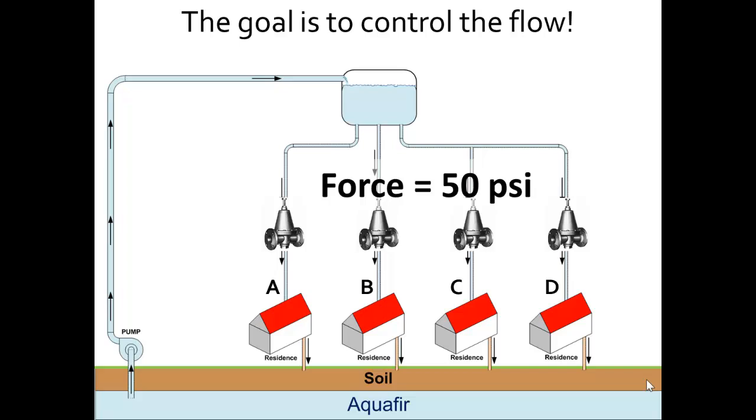So in other words, if the force from the tank got lower than 50 psi, then all the regulators would just be wide open. And actually that's what happens if you let that reservoir up in the water tower go empty. The regulators are wide open because there isn't enough force from the houses coming back, because you're draining away the water.